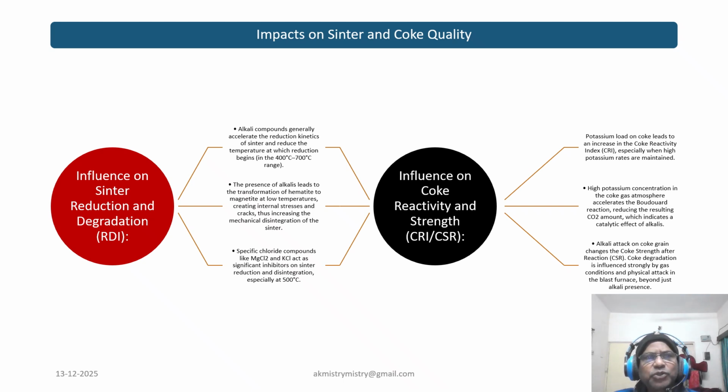However, it is important to note that specific chlorides like MgCl2 and potassium chloride, these two components, magnesium chloride and potassium chloride, can actually act as inhibitors to reduction and disintegration around 500 degrees centigrade, showing the chemistry is complex. So one thing we come to know is that the premature transformation from hematite to magnetite is generating a lot of fines.